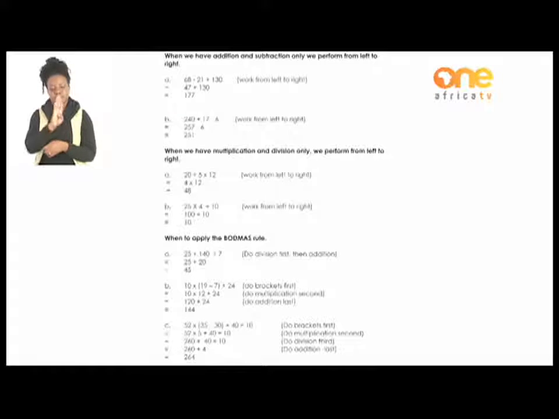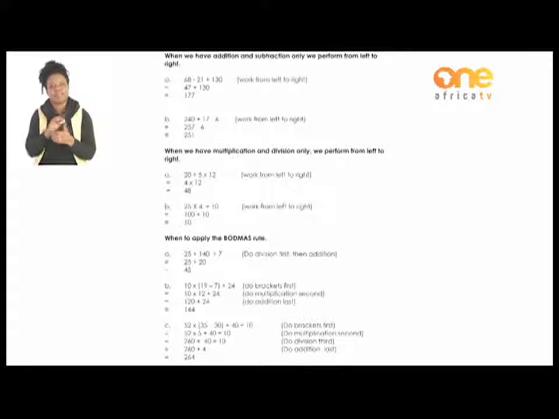Let's try example B: 240 plus 17 minus 6. In this example we see the plus is before the minus. Remember, they are like brother and sister: the one that comes first, that one we do first, working from left to right.